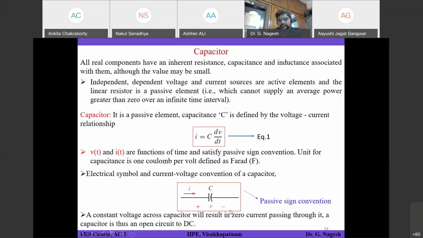This is called the passive sign convention. The current entering the capacitor should enter through the positive terminal, and you should have a voltage V across the capacitor terminals.